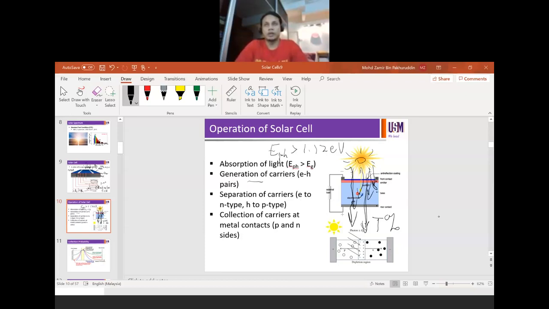In the case of a p-type wafer and n-type emitter, electrons are going to go towards n-type and holes are going to go towards p-type. Then they're going to be collected at the metal contact on the front side and at the rear side of the solar cell.